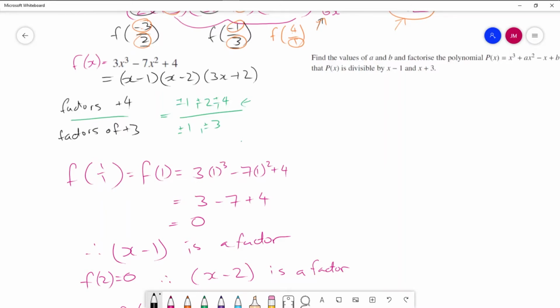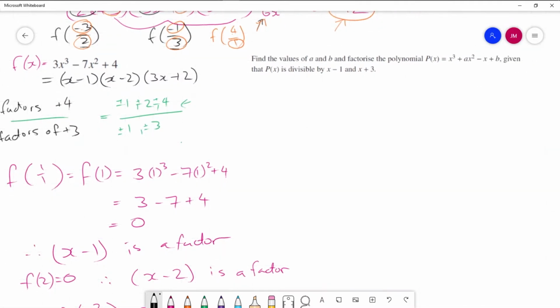Negative 1 times negative 2 is positive 2, times positive 2 equals 4. So that works out. And I've got positive 3x cubed at the front. So I didn't do any long division there, and I just used my rational root theorem to limit the amount of possibilities there were. Now if this was tech-free, once you've got x minus 1, you can quickly do a division there, use a synthetic method, and then you just factorize the quadratic using your skills from yesteryear.